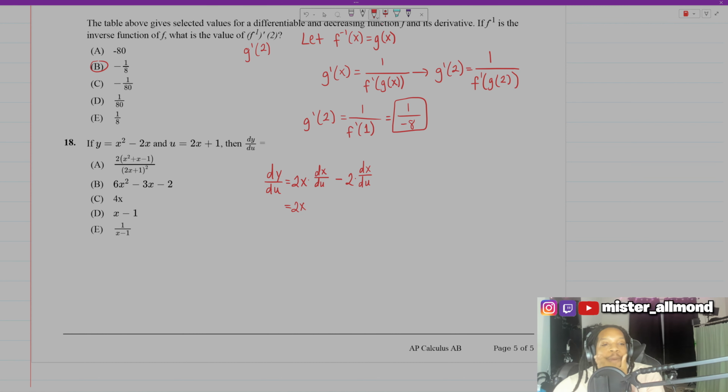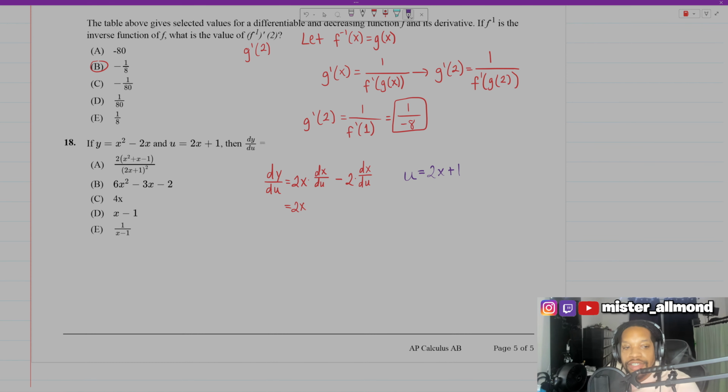I wonder if we're supposed to take this equation right here, this u equals 2x plus 1. And then I wonder if I solve for x, then I can take its derivative. Maybe. I don't know. This one's kind of weird. Let's see. I'm going to try that out.